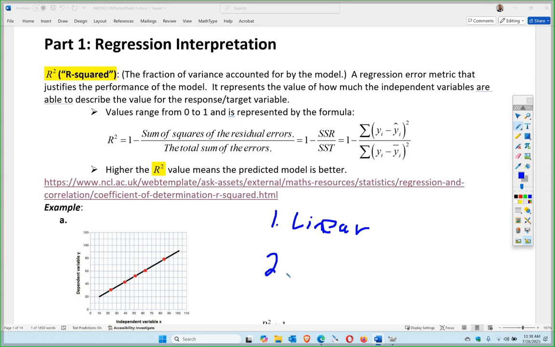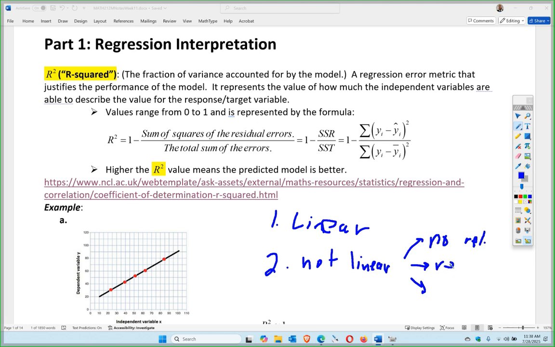Well, let's say it's not linear. At that point, you have three different options. There could just be no relationship. That could be the case. Or you could make it linear.